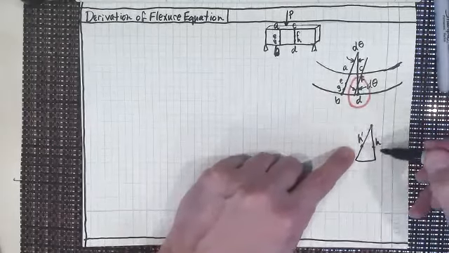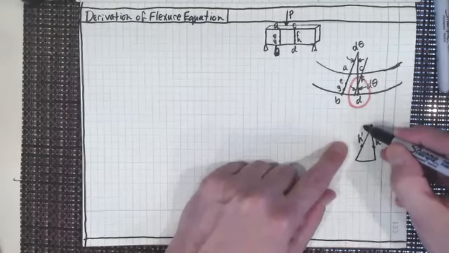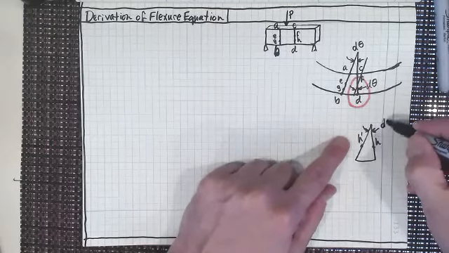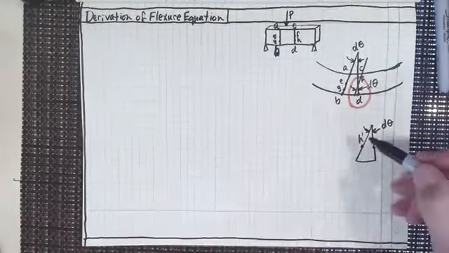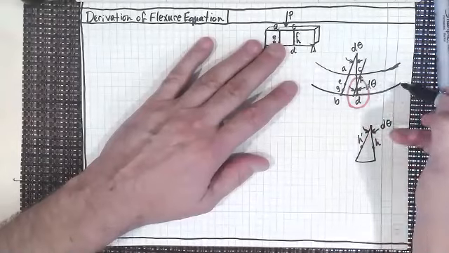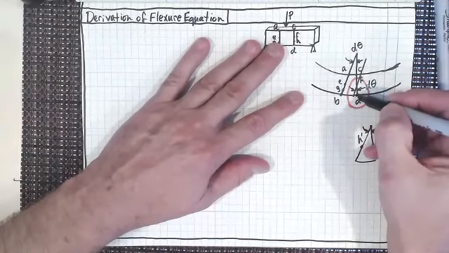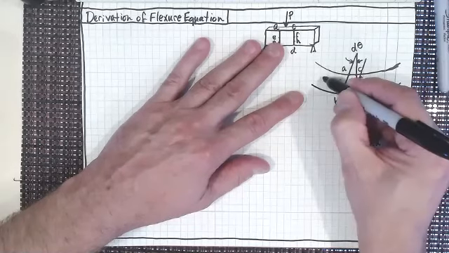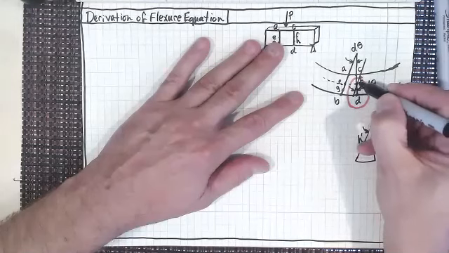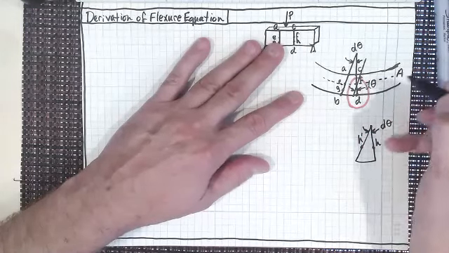That's down here. But basically, they're both at the same distance from this point, aren't they? And we know that that angle is d theta. Now, where's my neutral axis? Well, my neutral axis is where there's neither compression nor extension, right? So it's right at E and F. That's my neutral axis.